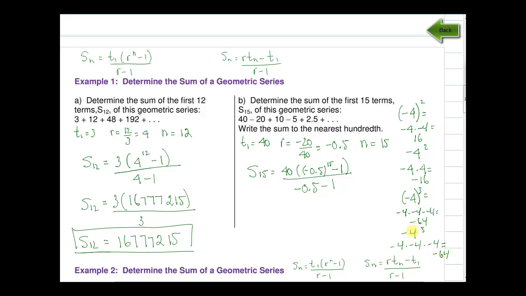So notice in terms of calculating, if your exponent is an odd number and your base is a negative, it's not going to matter really whether you put the base in a bracket or not, because your answer will still be calculated correctly at negative 64 in this case. But if you have a negative base and your exponent is even, it's going to matter whether you have your base in a bracket or not, because if you have a negative base and you're squaring it, to an even power, you get a positive number for your answer.